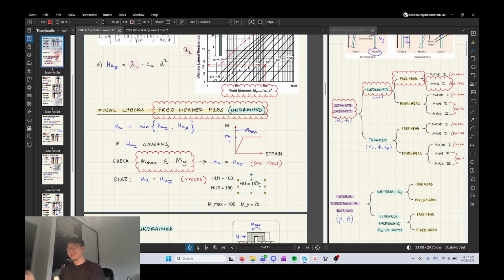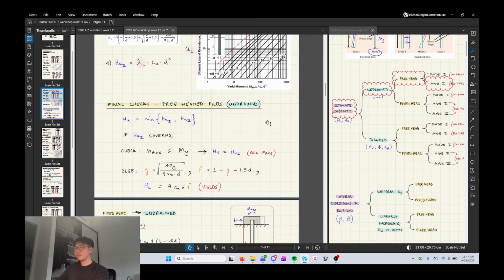But that makes no sense, because it should be limited by the material property of your yield moment. So what I've changed it to, if we get all these numbers and I move it to the other page, is this. I'll tell you, these aren't just from nowhere, I'll tell you where I got these from.